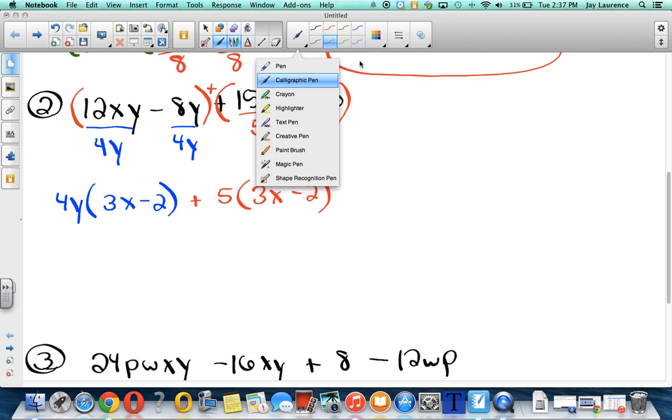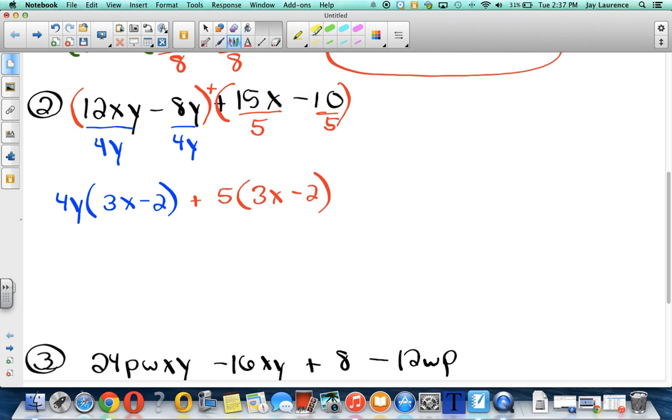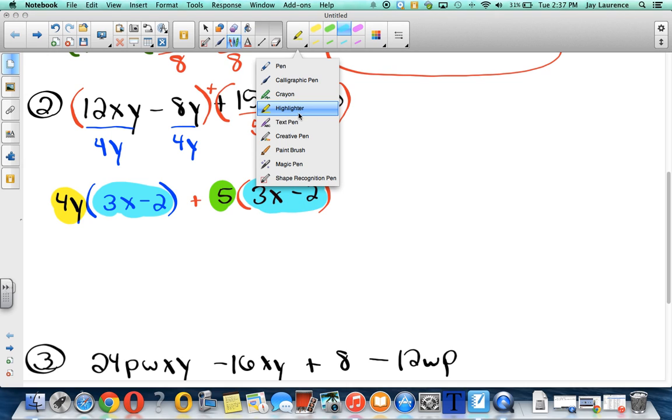And then let me see, who haven't I talked to today? Angela is going to say, Mr. Laurence, I see a 4y as a factor. I see a 5 as a factor. But I also see a 3x minus 2. And at 3x minus 2, I see another GCF.